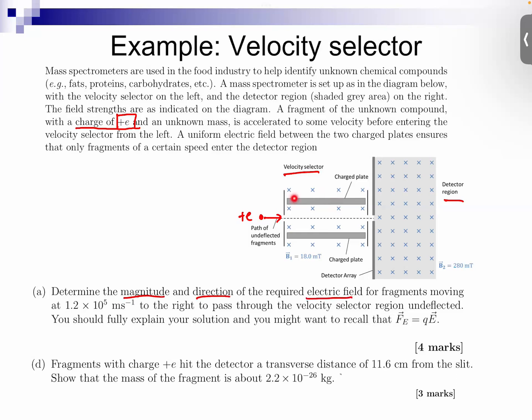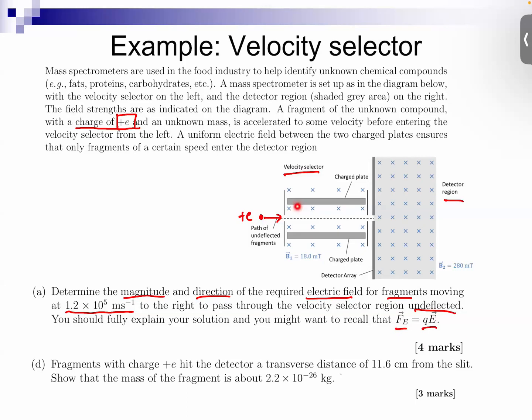You'll only have an electric field in the velocity selector part, such that the fragments of charge moving at this specific speed, 1.2 times 10 to the 5 meters per second, will pass right through the velocity selector undeflected. Meaning the forces in the velocity selector balance each other out.